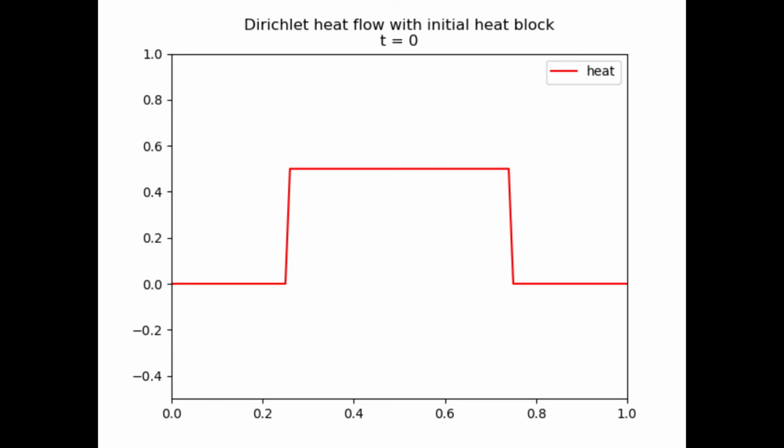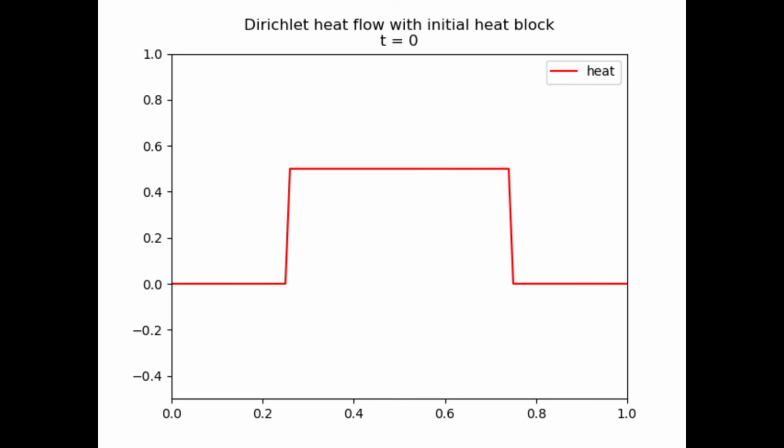To begin with, we take a look at a very simple example, namely the heat equation over the interval from 0 to 1. Let's say we have got no source or sink term, so that one is equal to 0. We got Dirichlet boundary conditions, but we start with some non-zero heat distribution at the very beginning at t equals 0.